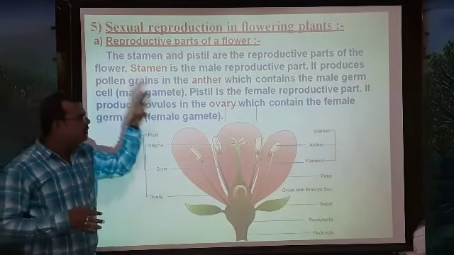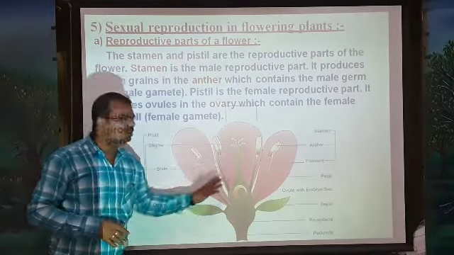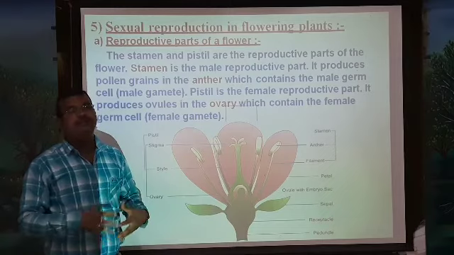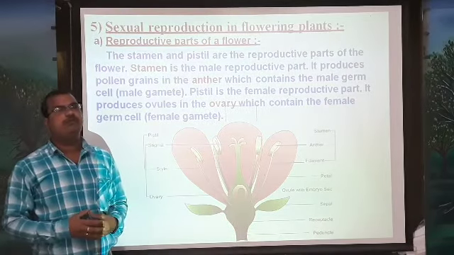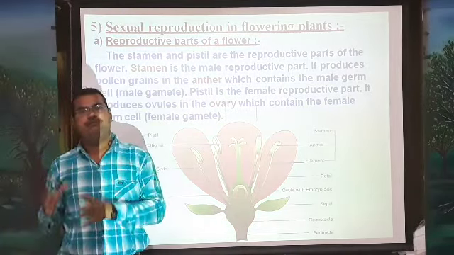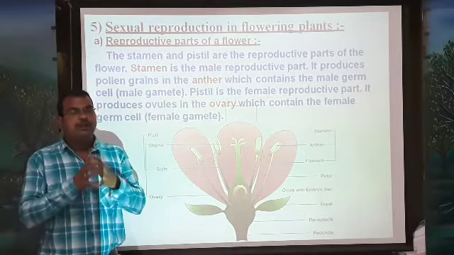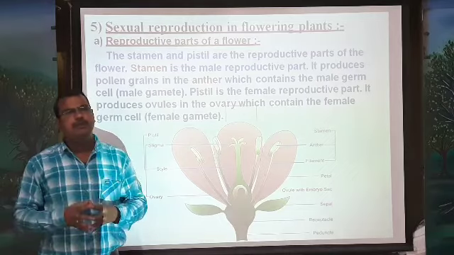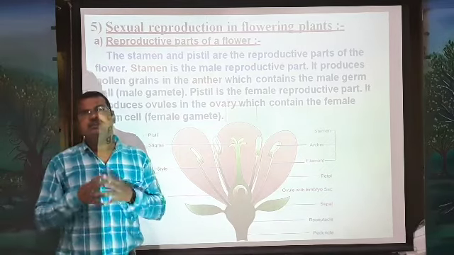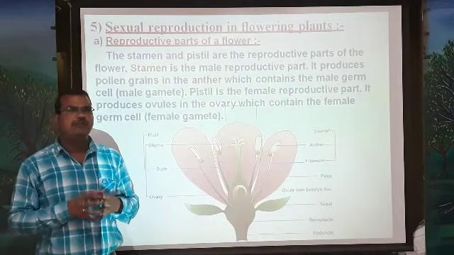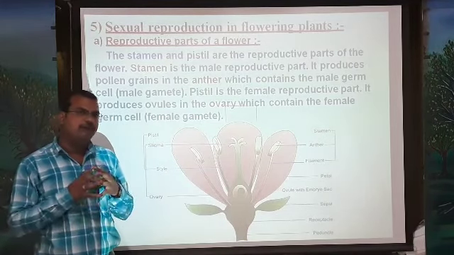In case a flower contains both the male reproductive part and the female reproductive part in a single flower, such a flower is called a bisexual flower.